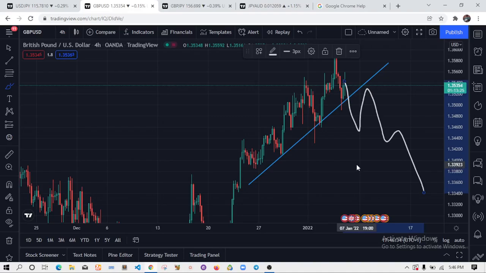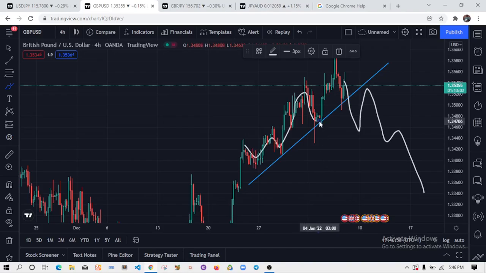When you see this kind of movement, impulsive move, pullback, impulsive move, pullback, after a pullback you expect to buy at the trend line. But sometimes you might buy and the price will break out of that trend line, and that might be a change of trend.